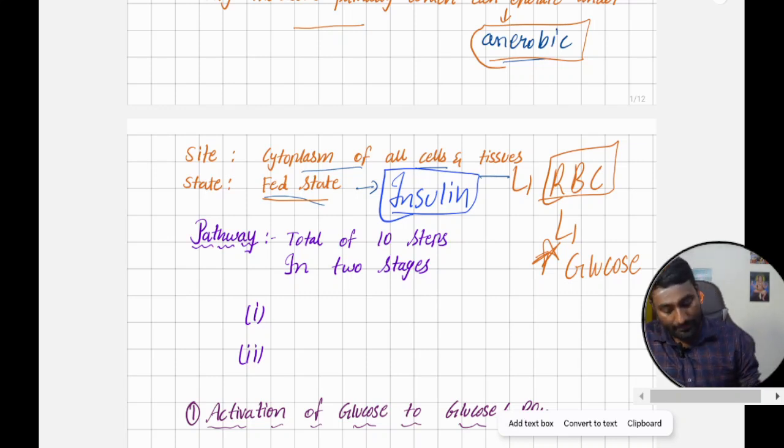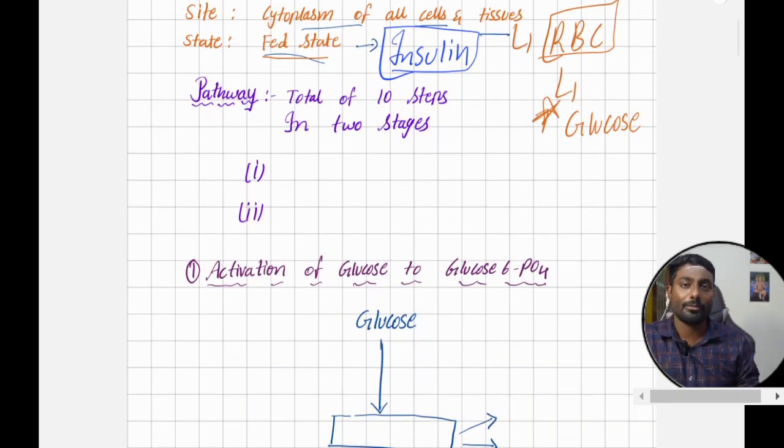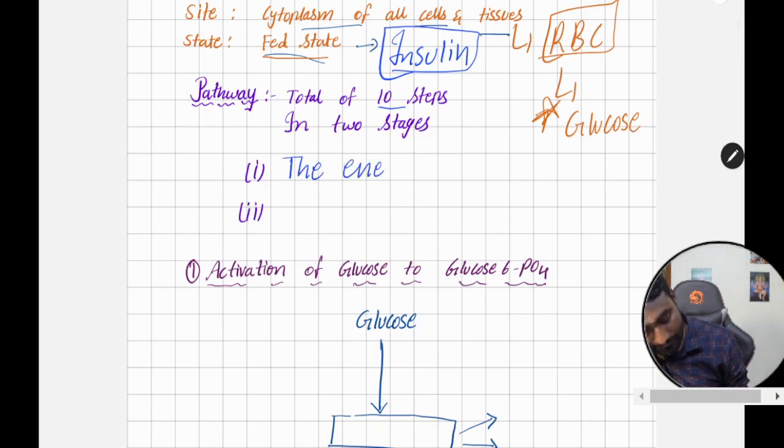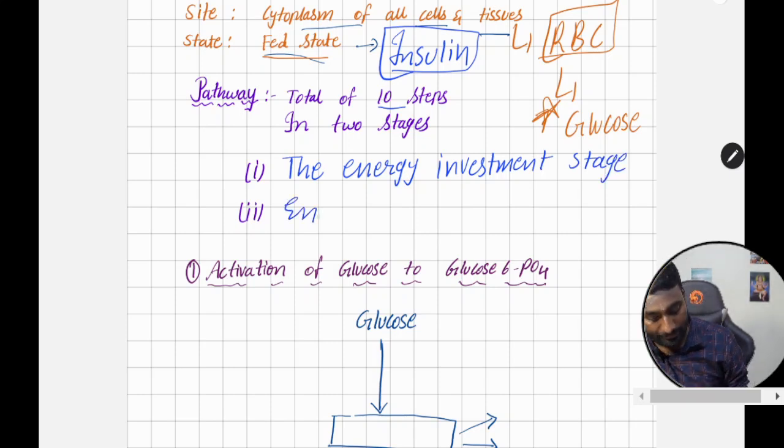Okay. Now if you see the whole of the pathway, it is a total of 10 steps which happen in two stages. Okay, the first stage is the energy investment stage. The second is the energy payoff stage.